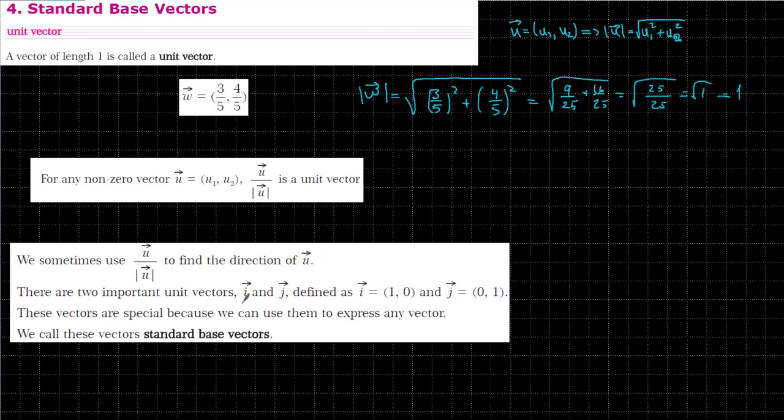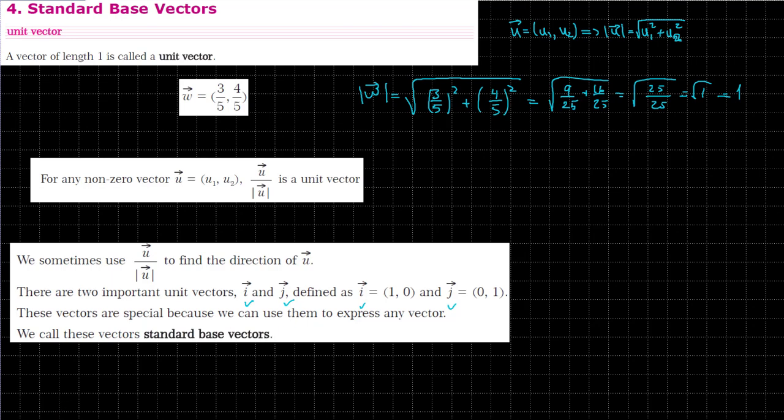There are two important unit vectors here. One of them is i and the other is j. I is defined as 1, 0, and j is defined as 0, 1. We can write all vectors in terms of i and j, and we call these vectors our standard base vectors.